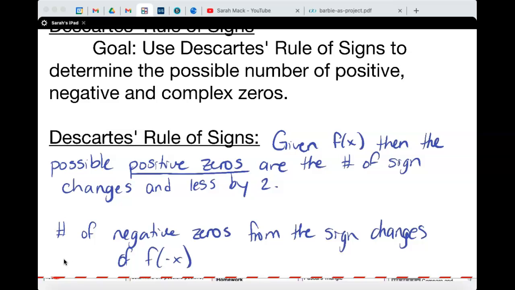So we'll be looking at a polynomial, figuring out when it changes from positive to negative, negative to positive. Counting all of them up gives you a possible number of positive and negative real zeros. Once we know the positive and negative, we make a guesstimation of the imaginary or complex zeros.